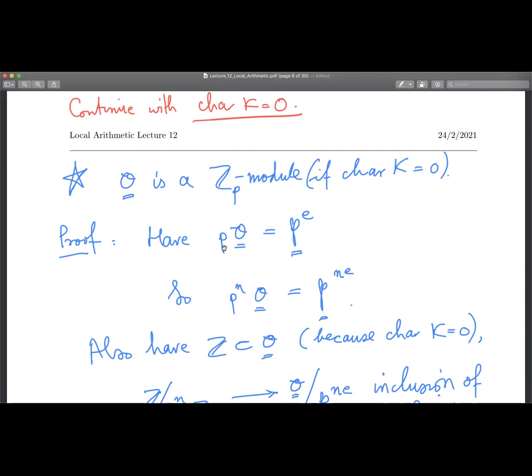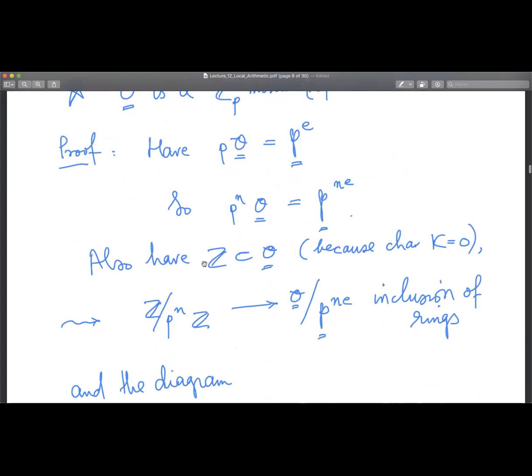So look at the ideal, not prime, the ideal generated by the number p in the ring O. By the definition of e, it is the eth power of the maximal ideal P. So the ideal generated by p^n is going to be the (n times e)th power of the maximal ideal. Z is contained in O, because the characteristic of K is 0.